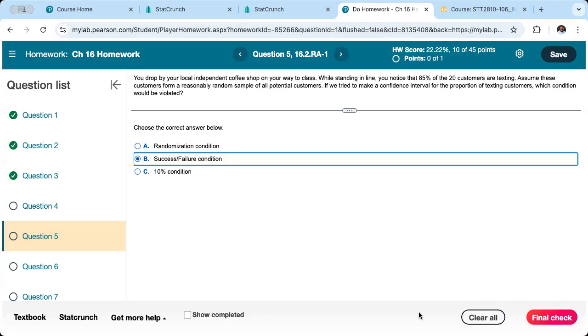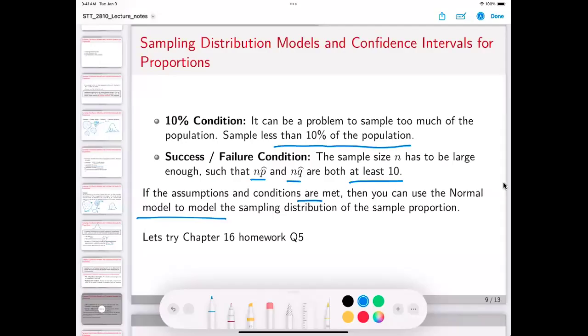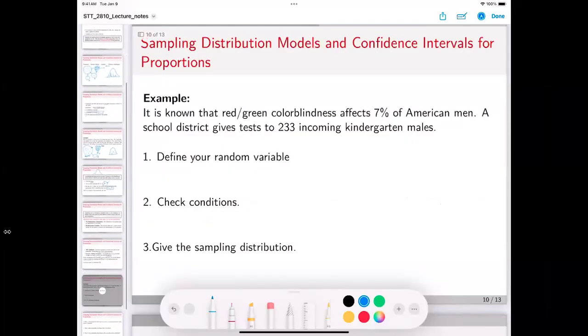Now let's get to the slide. Now we want to do an example, okay?